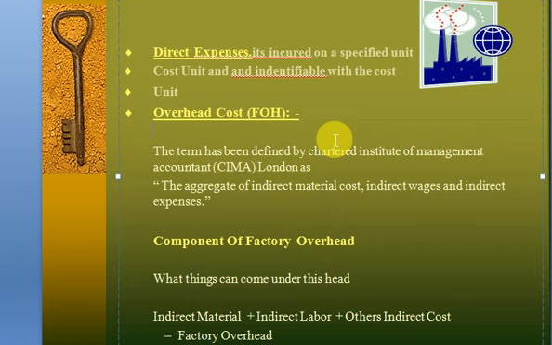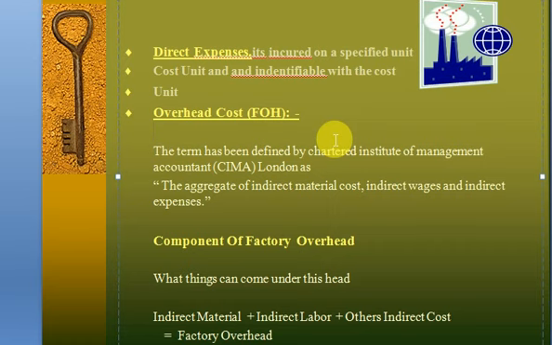All indirect cost is called overhead cost, or we can define it as the aggregation of all the indirect costs. The aggregation of all the indirect cost is called overhead cost.